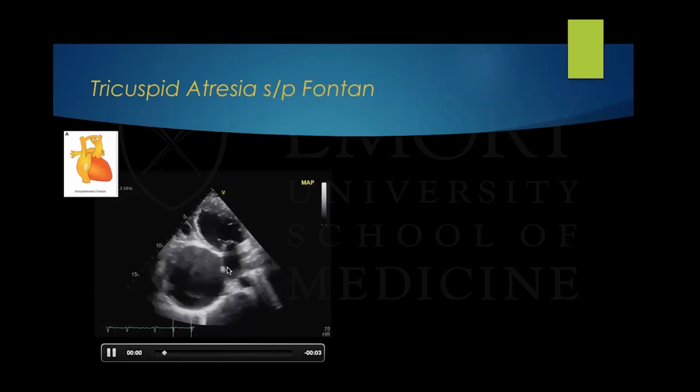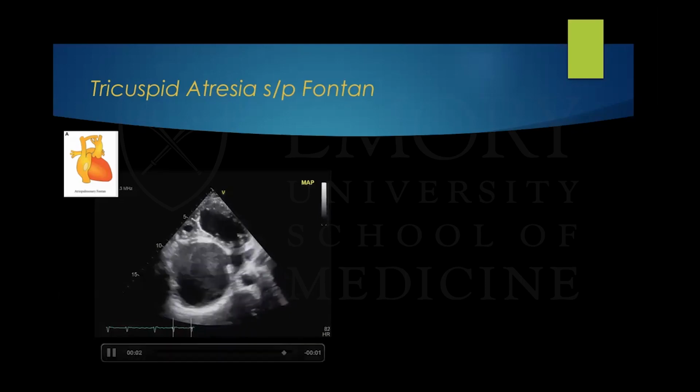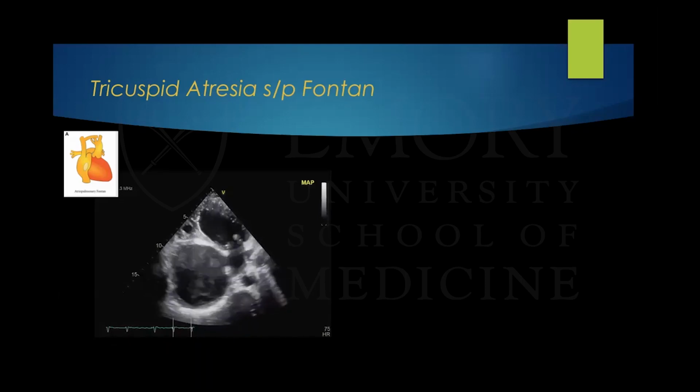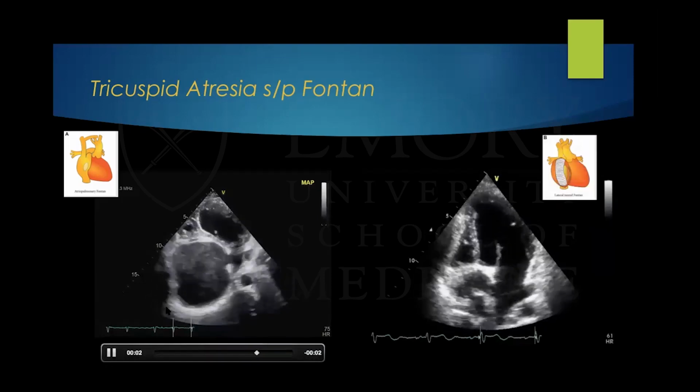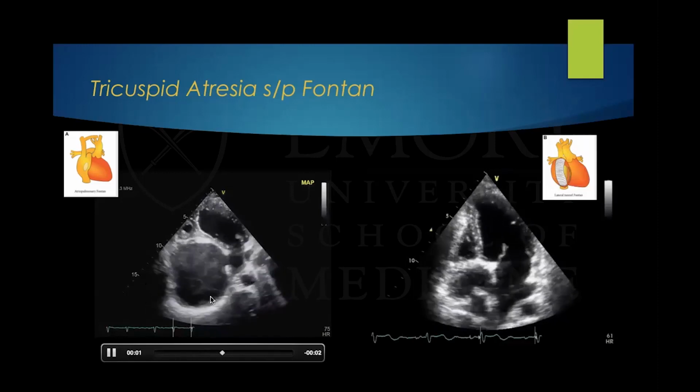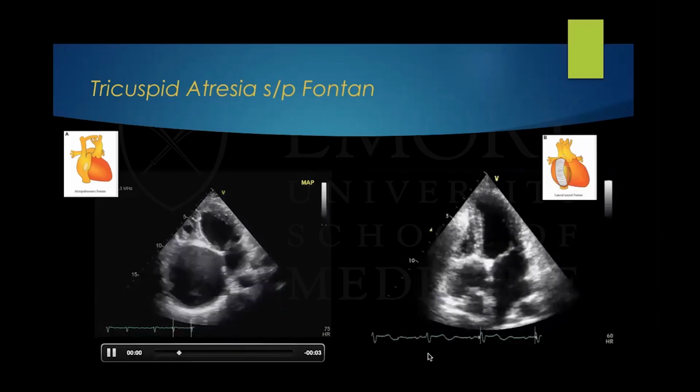And there is no atrial septal defect. There is this left atrium connected to the left ventricle. So this was the beginning of the era of the Fontan procedures. They're no longer being done because of the consequences, which are the formation of clot and atrial arrhythmias.